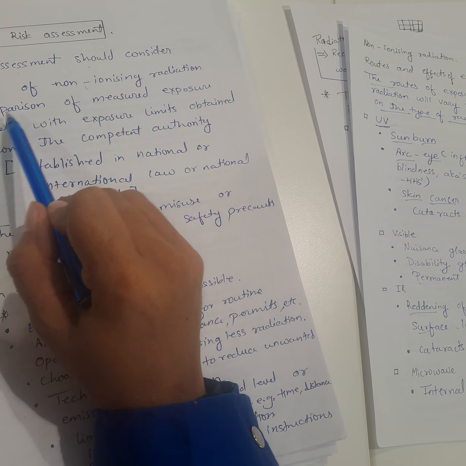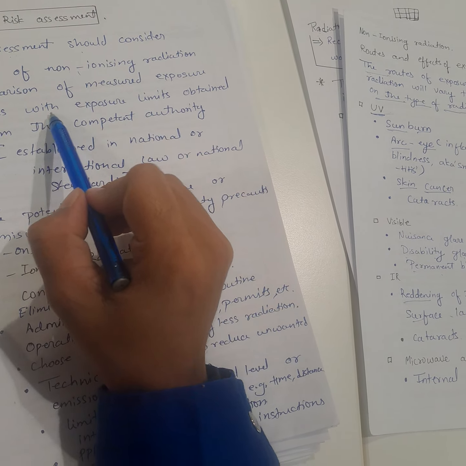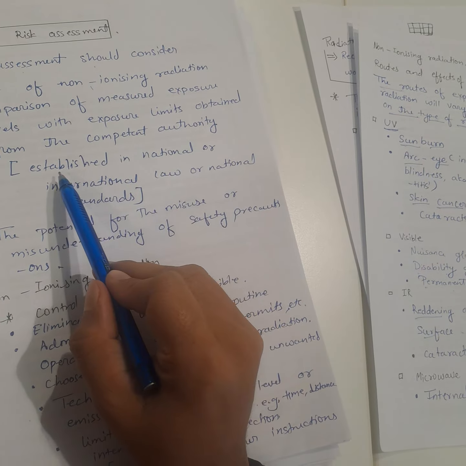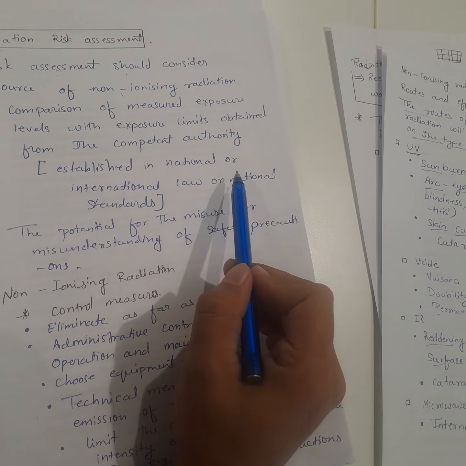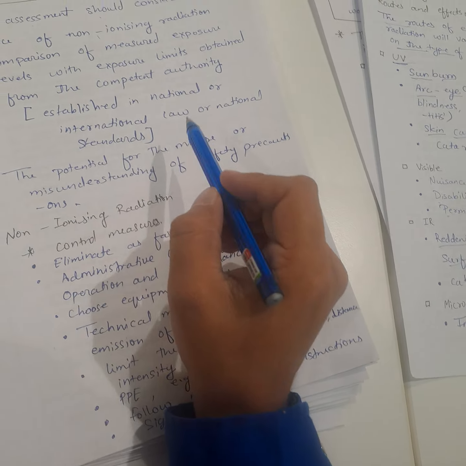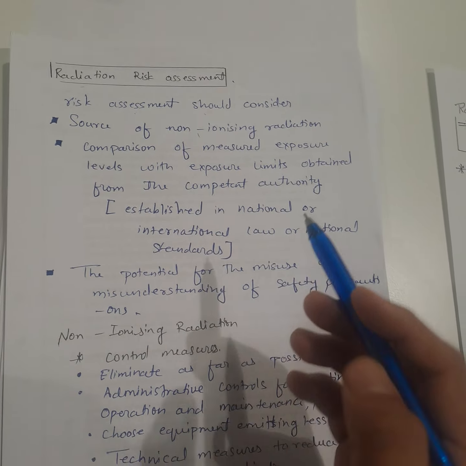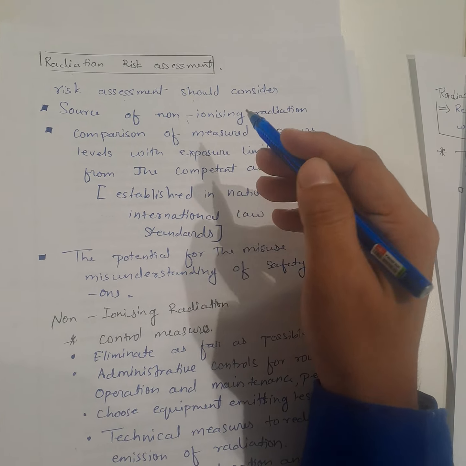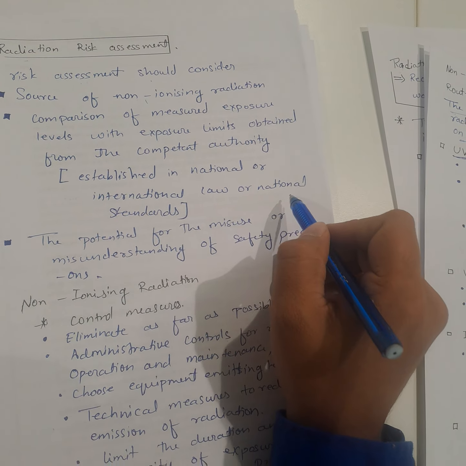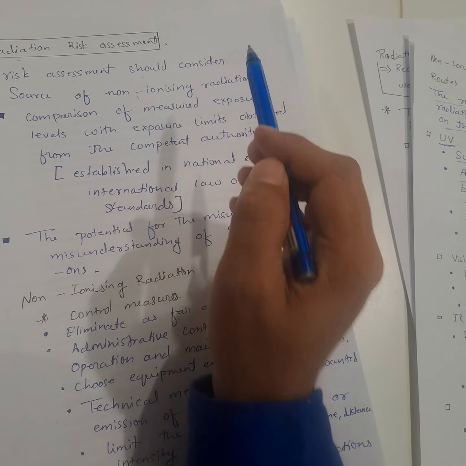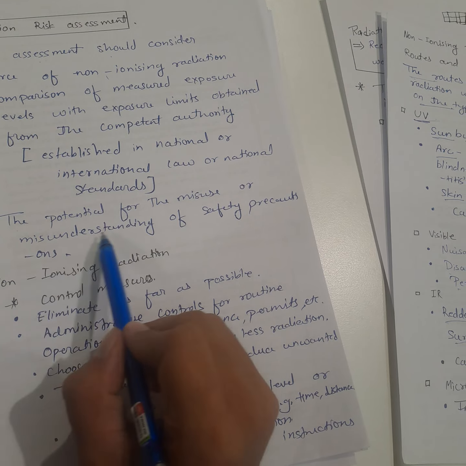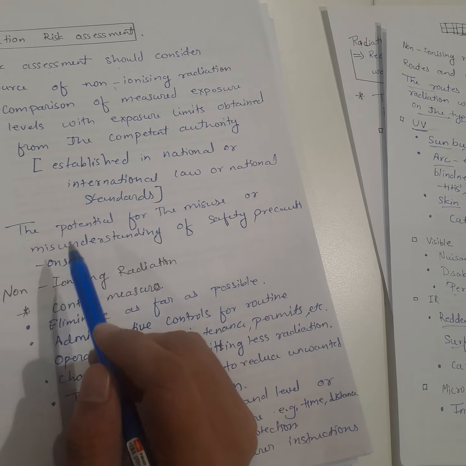Another is comparison of measured exposure level with exposure levels obtained from the competent authority, established in national or international law and or national standards. Means wherever you are working, in whichever country, you have to see the law, what the safety rules and regulations are, what the standards are. For risk assessment purposes, consider the potential for misuse or misunderstanding of safety precautions.